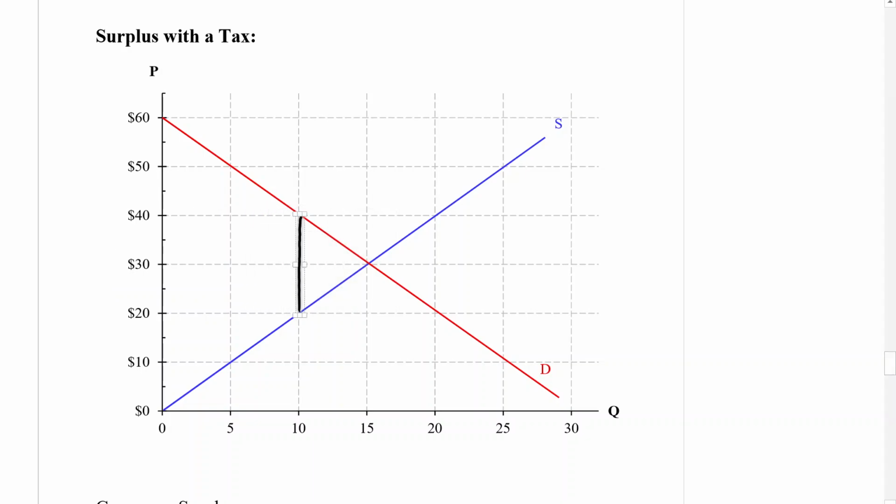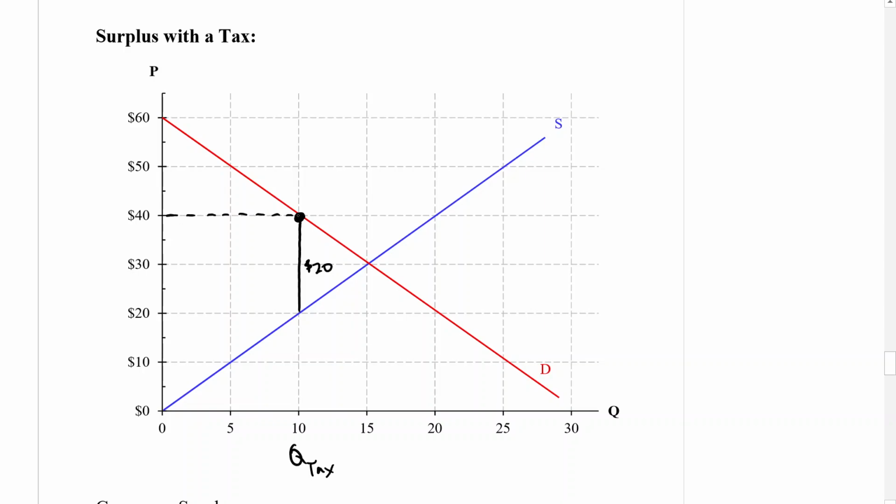A $20 tax is going to give us a new equilibrium quantity of 10. And now buyers are going to pay $40.